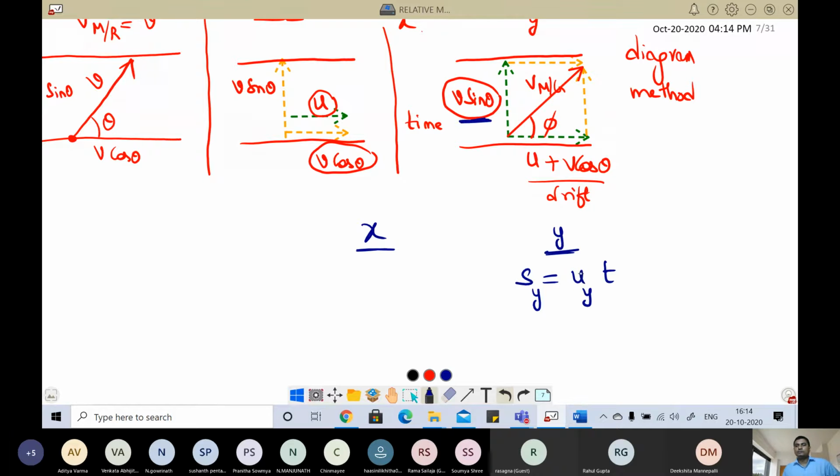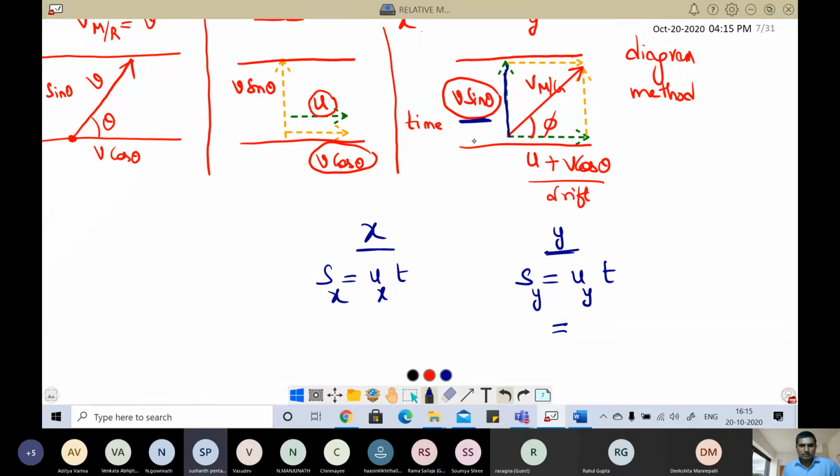Yesterday I told you, these values are the velocities of the man with respect to ground in y direction and in x direction. Here s is equal to ut in x direction, this one and this one. Please remember, these are the values of velocity of man with respect to ground.